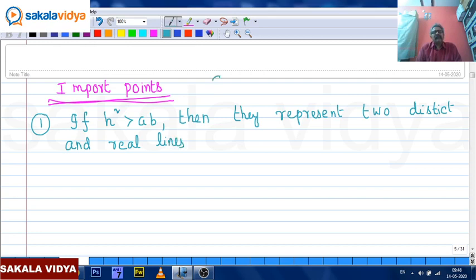That means the separate lines are ax plus h plus or minus root of h square minus ab of y equals to 0. This is very important. If h square minus ab is greater than 0, that means h square greater than ab, then they represent two distinct and real lines.